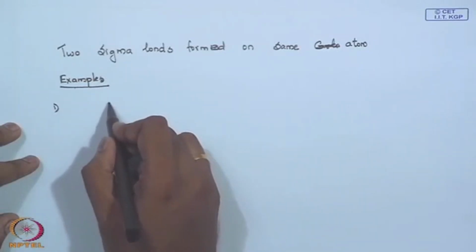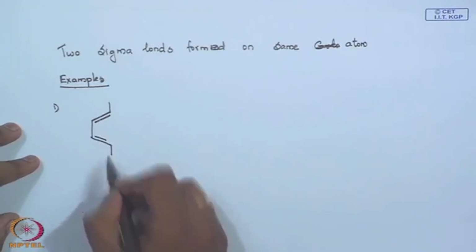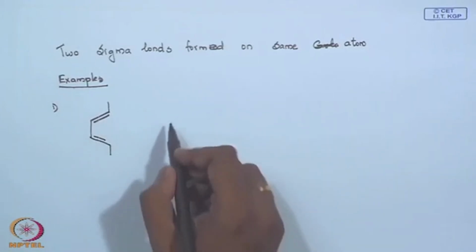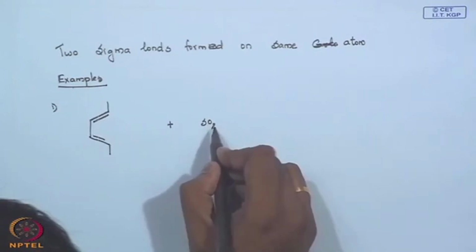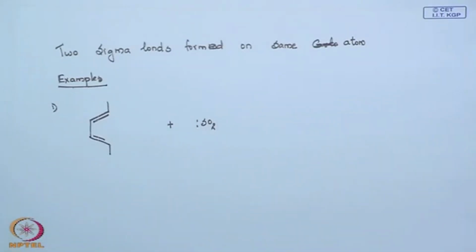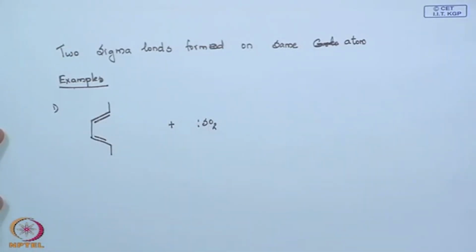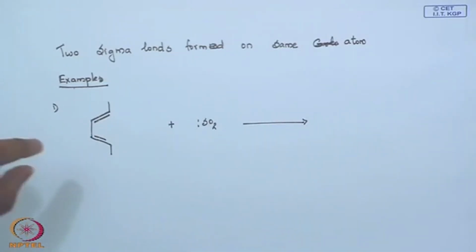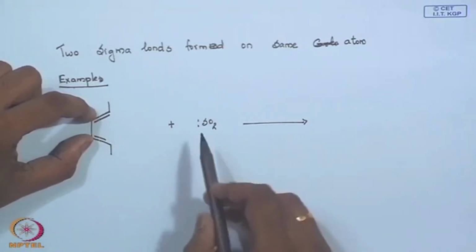So you take a diene, fine. Then I am taking a system, sulfur dioxide. So you have a diene here and you have sulfur dioxide. If you see, this can be a 4 electron system and a 2 electron system.